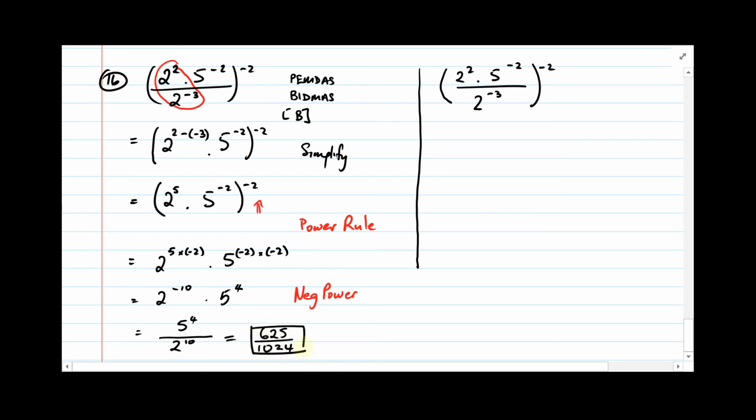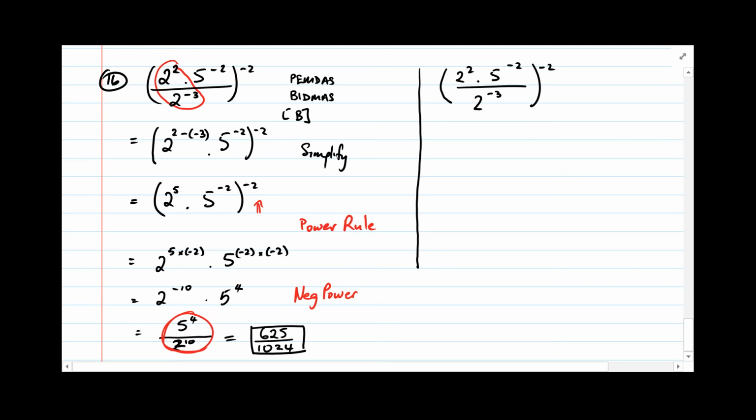So this would be our final answer. But you should really know these powers of 5 and 2, though I wouldn't penalize you if you left it in the following way. If you gave me this as your answer, that would be fine also.